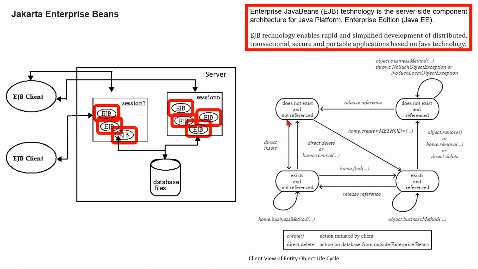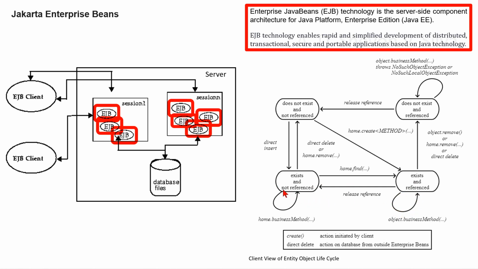Here you can see does not exist and not referenced is connected to exists and not referenced via direct insert, and exists and not referenced is connected to exists and referenced via the home.find method. Exists and referenced is connected to itself via object.business method.